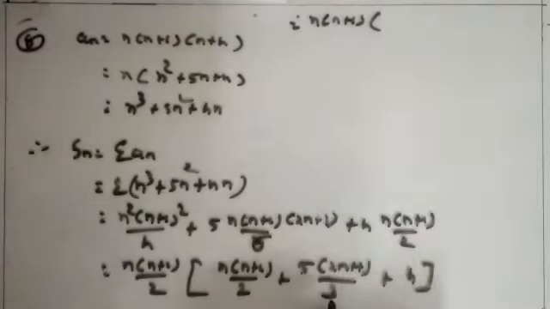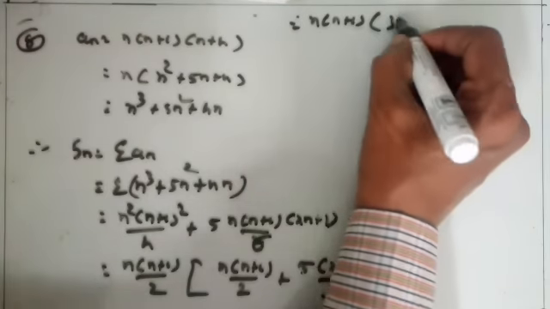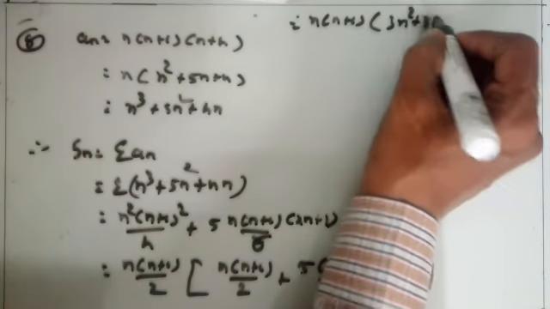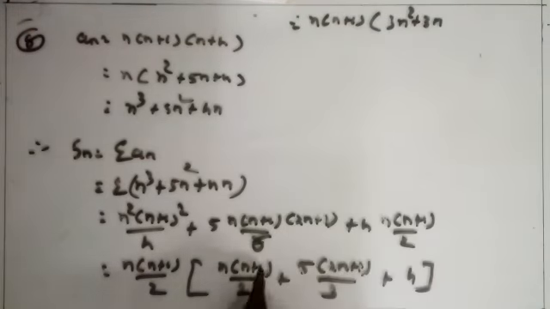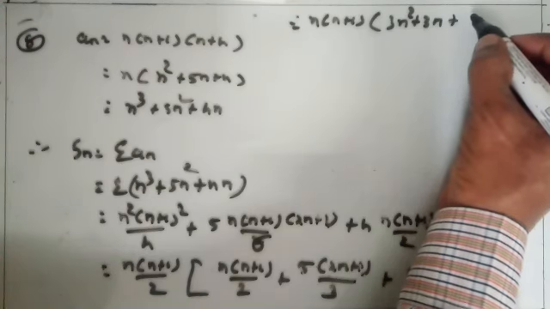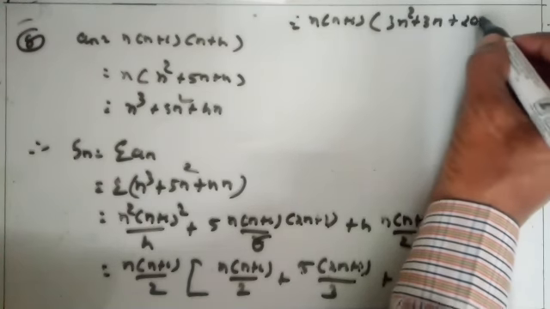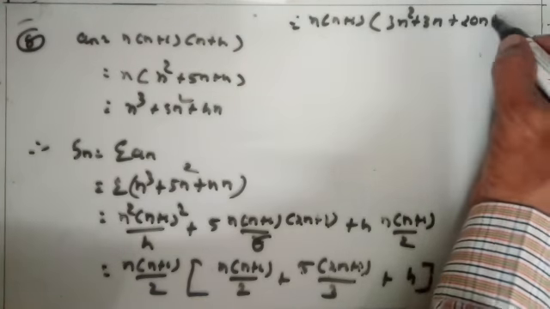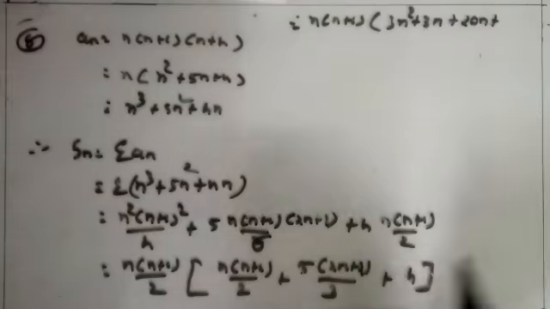Now here 3 to 6 take LCM, so we get (n plus 1) into bracket, and take inside parallel to this. 3 to 6 take LCM, so 3 into n take inside, so 3n square plus 3n. Clear? Here multiply with 2, 2 into 5 becomes 10, 10 take inside, so 10n plus 10 plus 1 again.